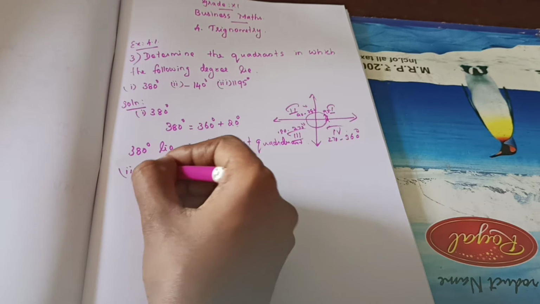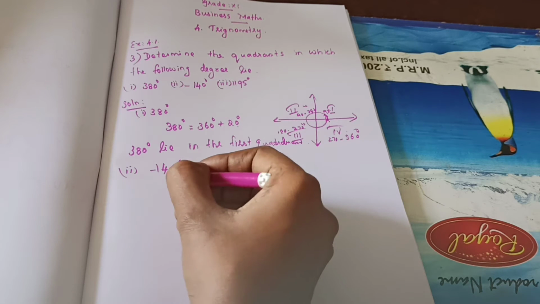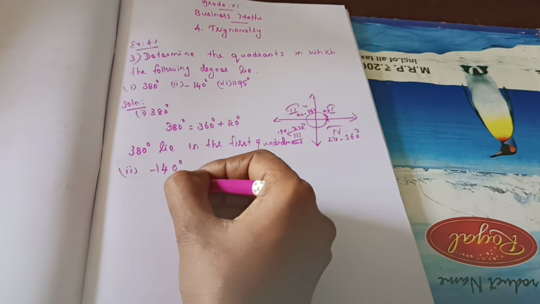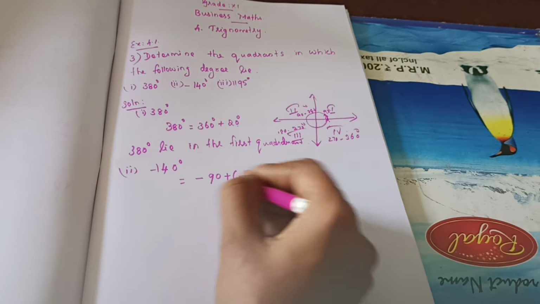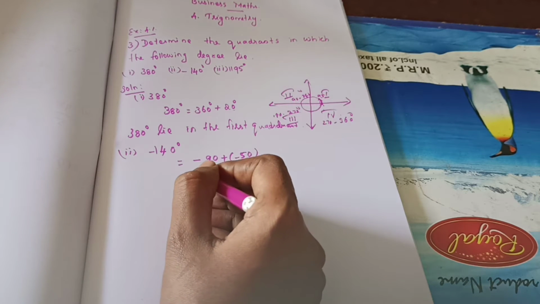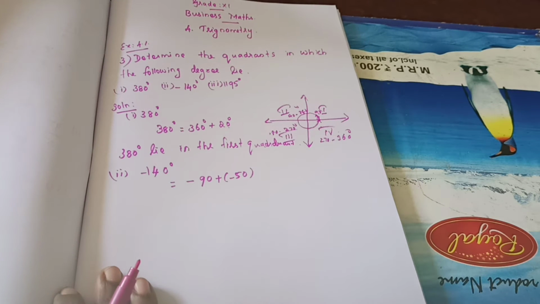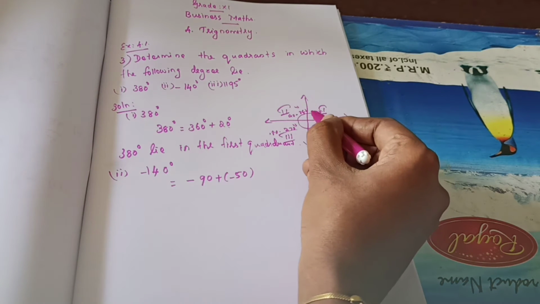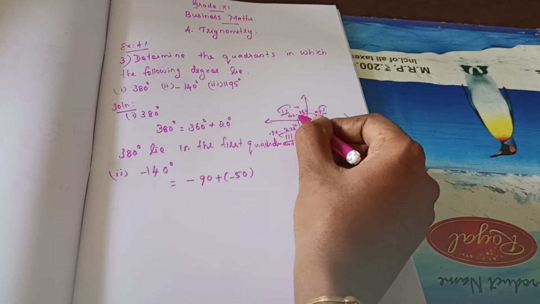Then the second one, minus 140 degree. We can write this as minus 90 plus minus 50, correct? Add means you will get 140 degree. Since the angle is negative, we need to move in the anti-clockwise direction. So listen here, from here to here. 140 will come here, is it right?